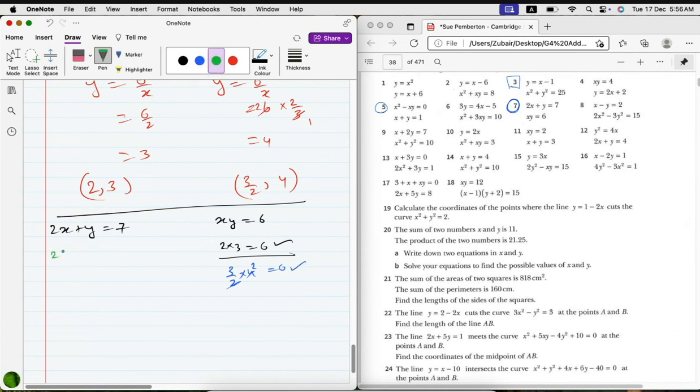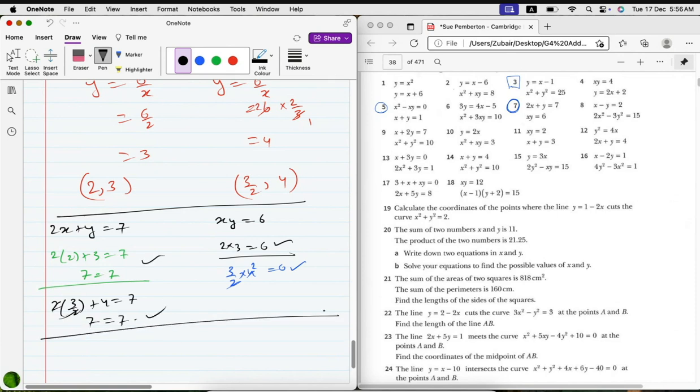On the left hand side, 2 into 2 plus 3, 2 to the 4, 5, 6, 7. 7 equals 7. And with 2 into 3 by 2 plus 4, 3 plus 4 is again 7 equals 7. So the answers are correct.